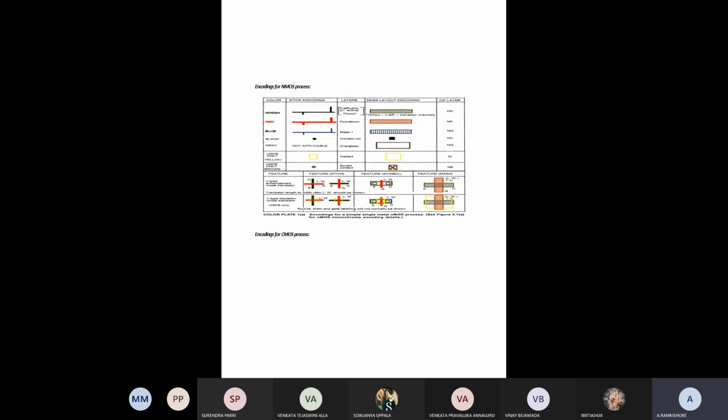The symbol is represented in stick diagrams by these colors. Every transistor must consist of N diffusion and polysilicon. If the N diffusion and the polysilicon cross from one color to another, that point works like a simple MOS transistor.